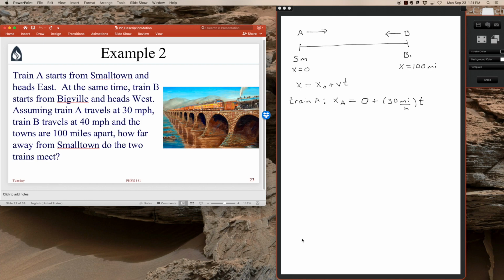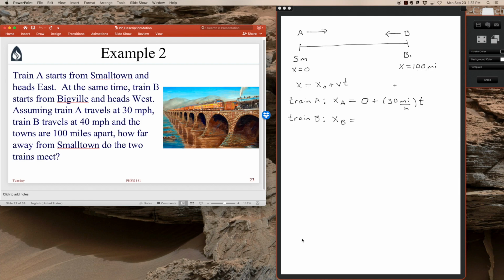On the other hand, train B's final position is going to be equal to its initial position. Well, what's the initial position of train B? Train B is starting out at Bigville, which is at x equal to 100 miles.